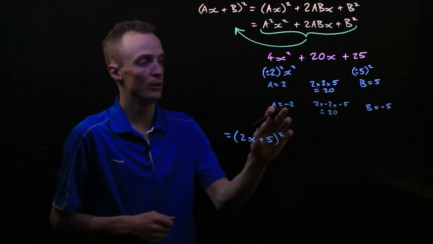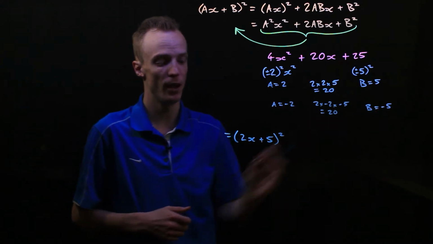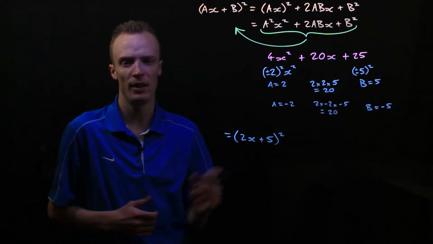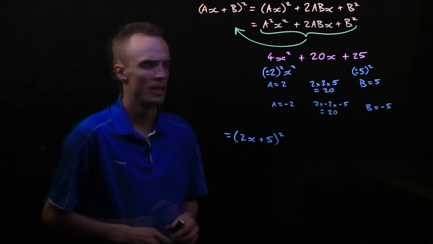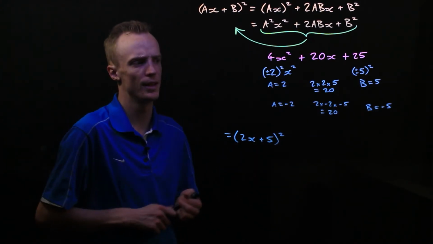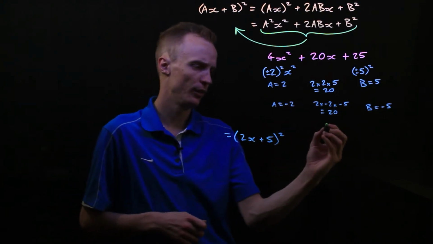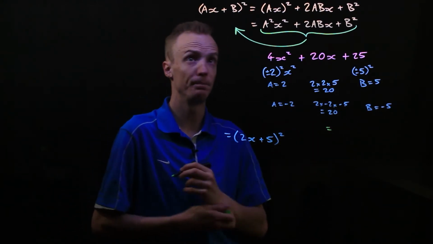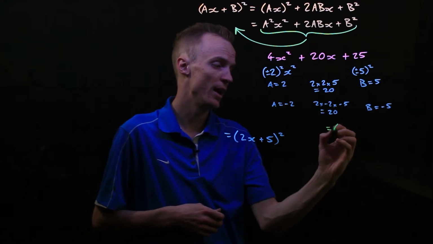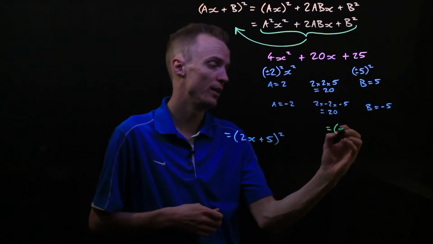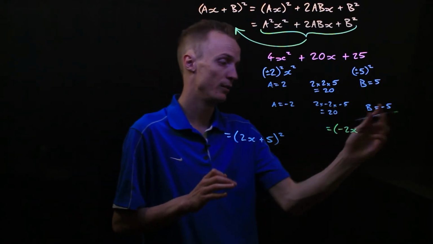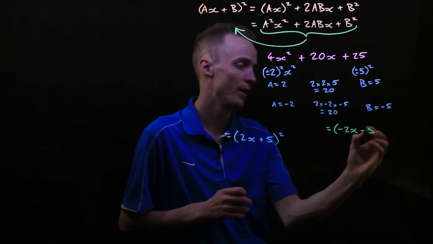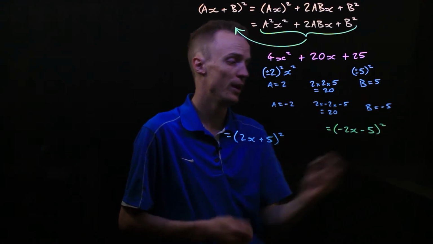So my a and b could also be negative 2 and negative 5, which you can replace in here, and when you expand it, it'll equal the same thing. But let's explore why it's the same. I would be saying that this is equal to, my a value was negative 2 this time, so negative 2x, then my b value was negative 5 this time, so we subtract 5, all squared.